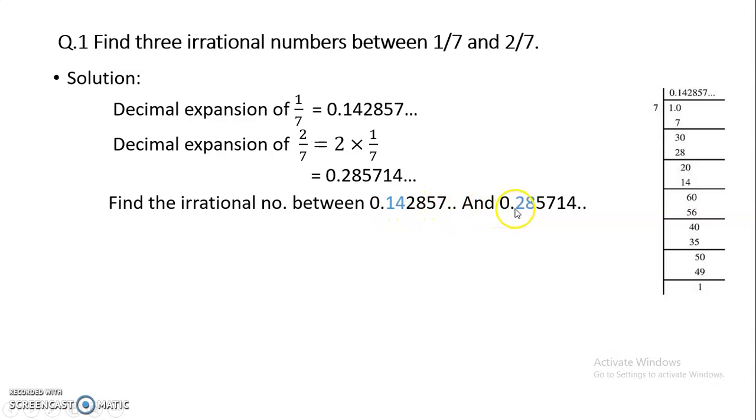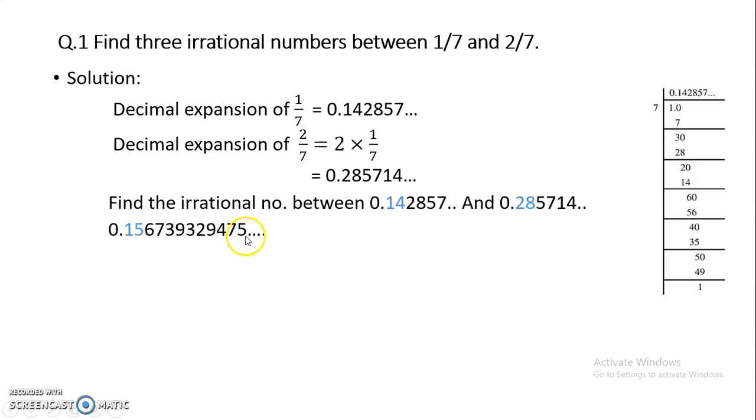Now you have to find the irrational numbers between 0.142857 and 0.285714. So if I put 0.15, will it lie between them? Yes, so 0.15 will lie between 0.14 and 0.28, and then you can write any numbers in between, 6 7 3.